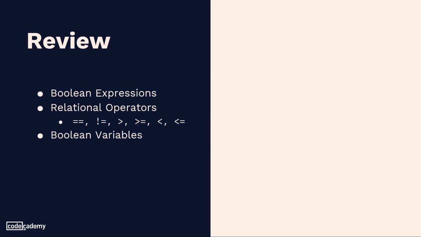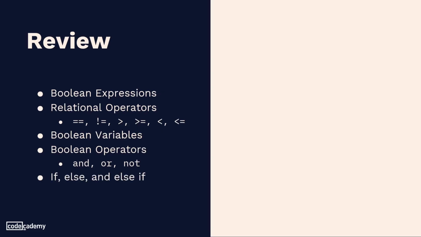We went over Boolean variables and how they store the bool data type, consisting of true or false. We talked about Boolean operators and how they combine Boolean expressions together. The three we talked about are and, or, and not, but there are others you'll learn about as well. Finally, we went over if, else, and elif statements, and learned how powerful they are for controlling decision-making in a program.